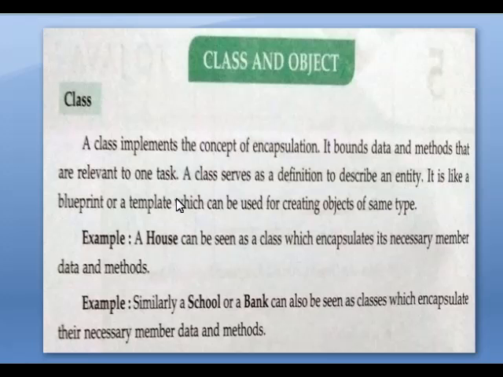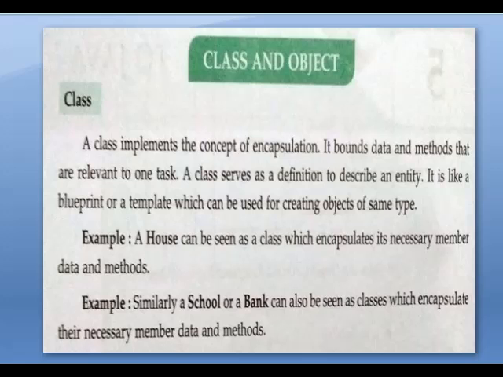It is like a blueprint or template which can be used for creating objects of the same type. For example, a house can be seen as a class which encapsulates its necessary members, data and methods. The second example is school or bank, which also can be seen as a class which encapsulates the necessary members, data and methods.